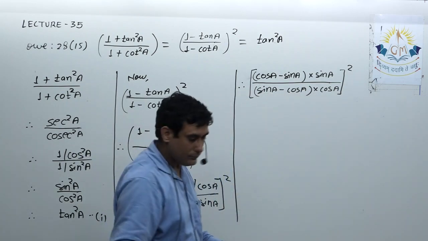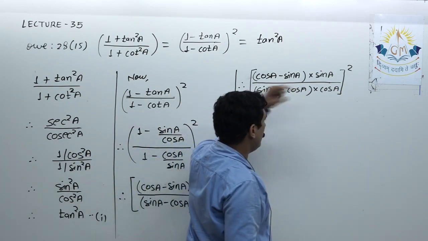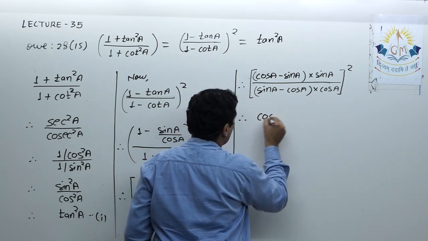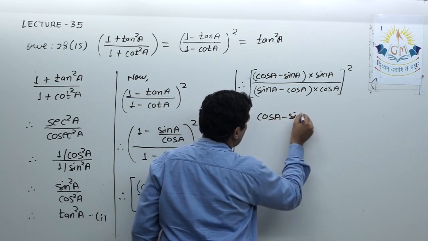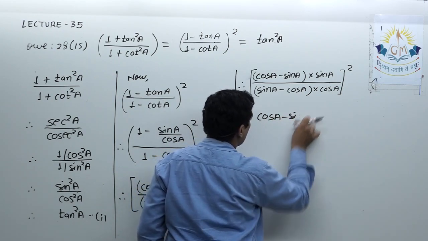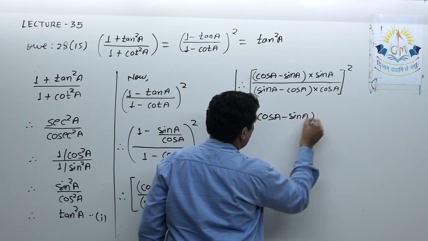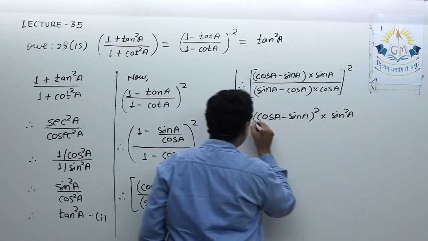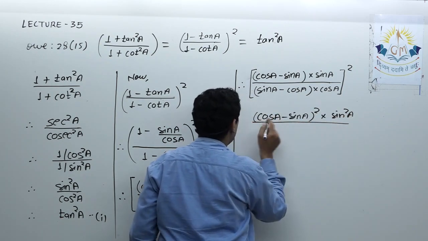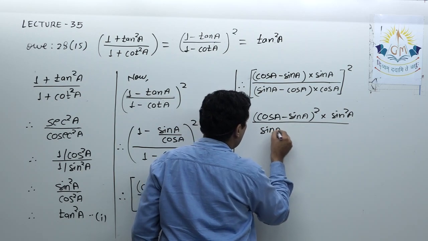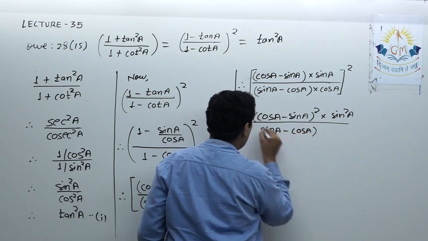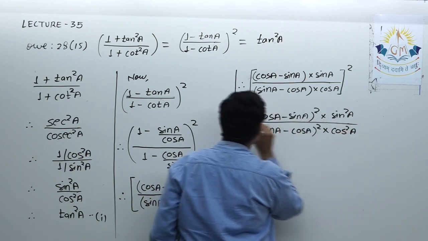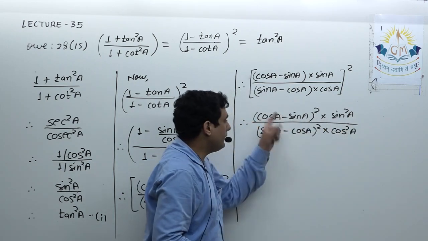Now this is cos A minus sine A whole square, and this is sine A minus cos A whole square. So here I can write cos A minus sine A whole square into sine square A upon sine A minus cos A whole square into cos square A. Now I can cancel these two.